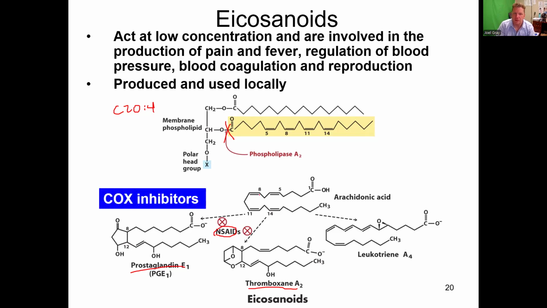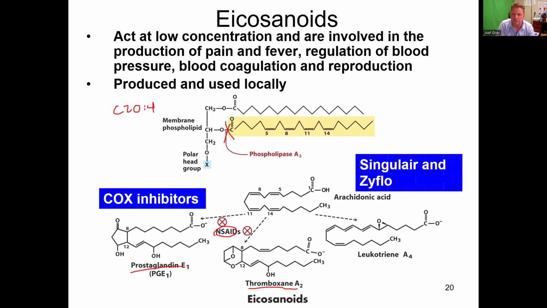The enzymes that produce prostaglandin E1 and thromboxane A2 are known as cyclooxygenases. These are COX enzymes. NSAIDs, or your non-steroid anti-inflammatory drugs, are COX inhibitors. They act to inhibit those enzymes. So that arachidonic acid could instead be circulated through your body and not really do the same thing.